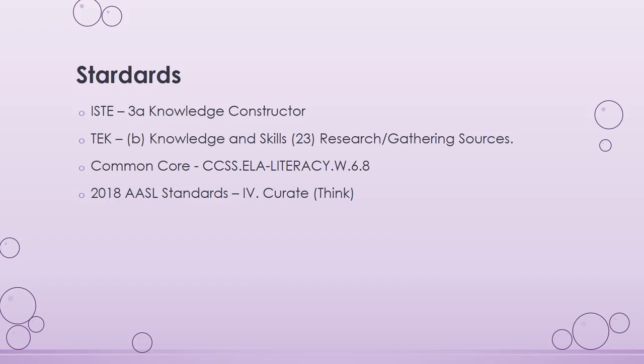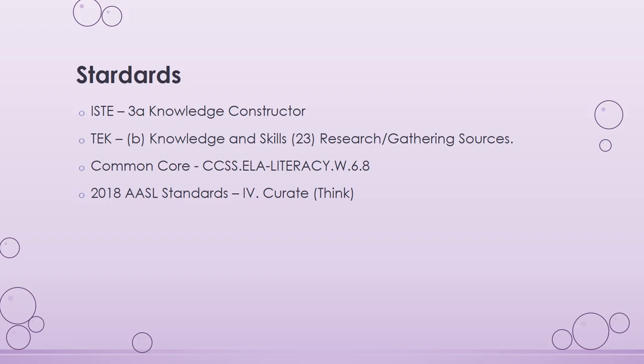The standards that you're completing using the Big Six skills are below. The ISTE standard for knowledge constructor: make sure students plan and employ effective research strategies to locate information and other resources. The TEKS that you're going to be completing is knowledge and skills, research and gathering sources.